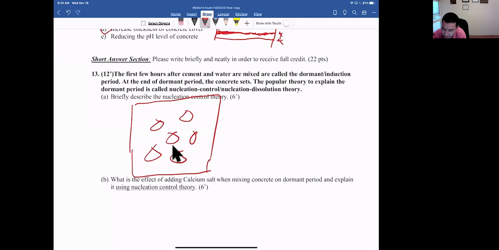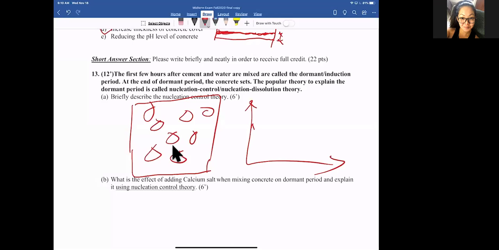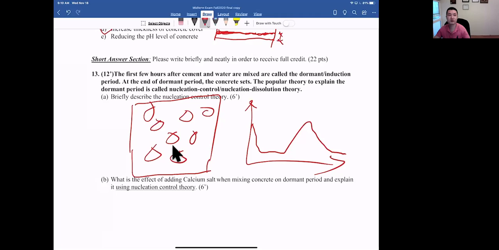Let's say this is cement particles mixed with water. The hydration heat looks something like this. We have 5 different stages.